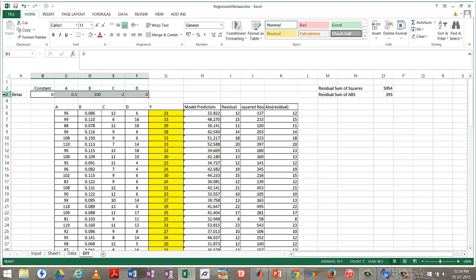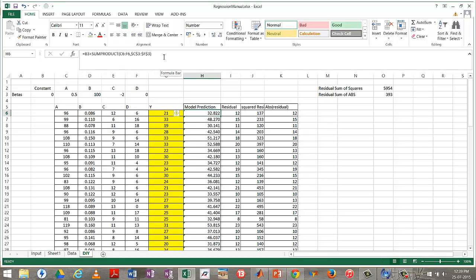If everything in row 3 from B through F are my betas, then given the input, which starts at row 6 and goes on, but we'll take one sample input, which is shown in row 6 from C through F. Given these inputs, what would my model predict?